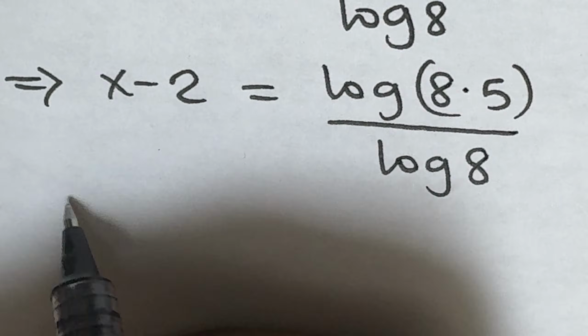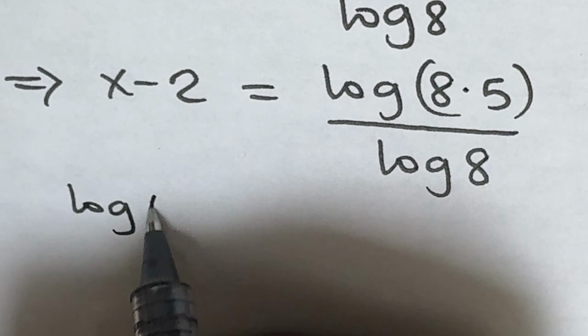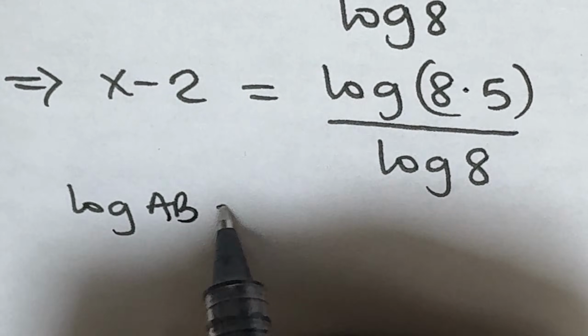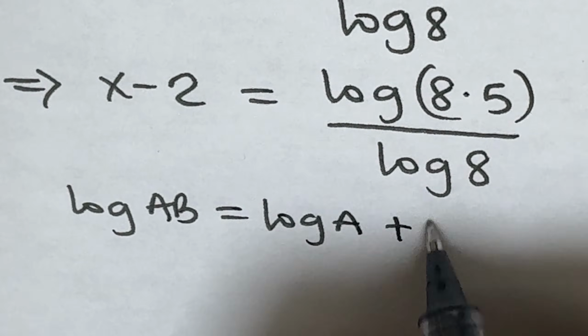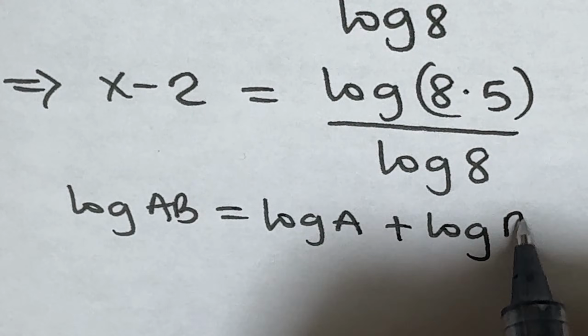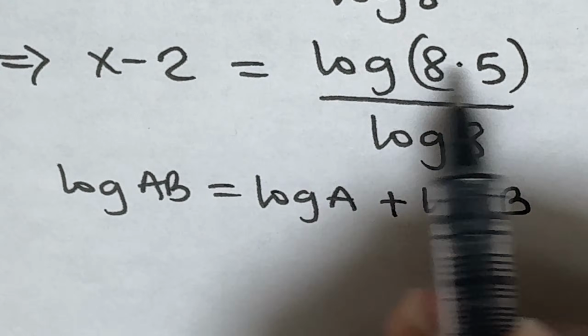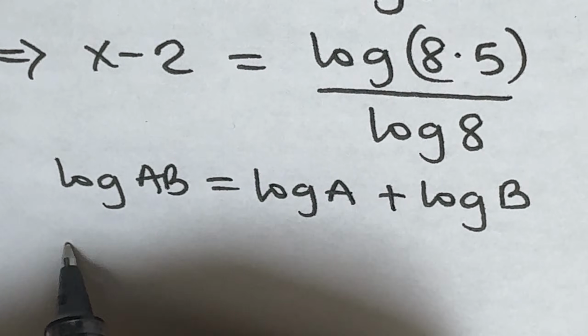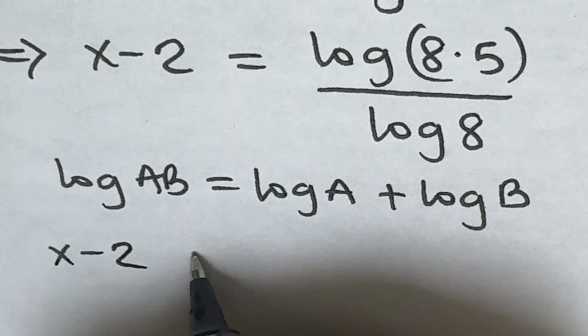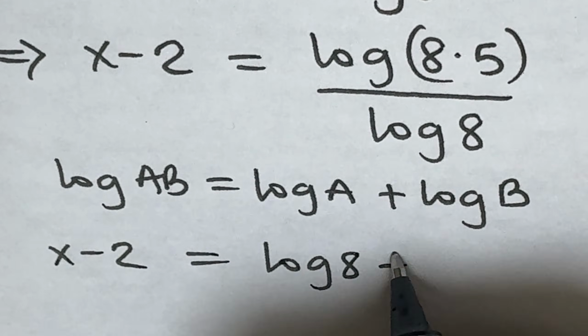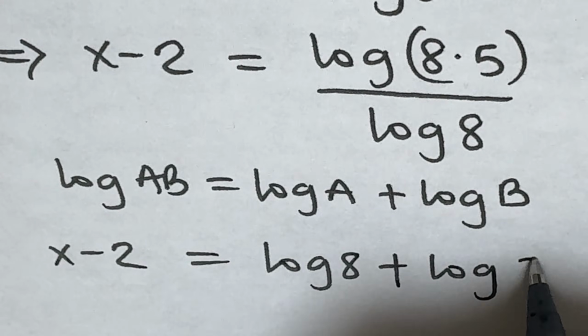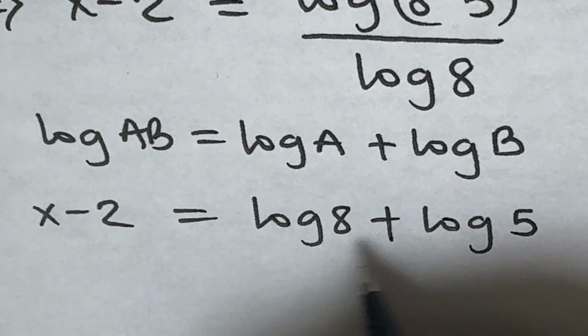Then I'll apply log a times b, which will give us log a plus log b, to this product, so that x minus 2 gives us log 8 plus log 5 divided by log 8.